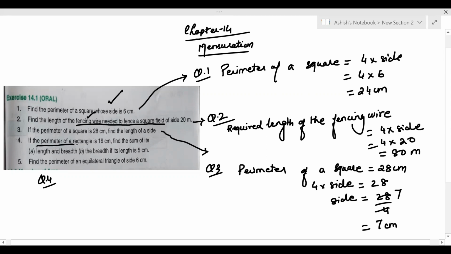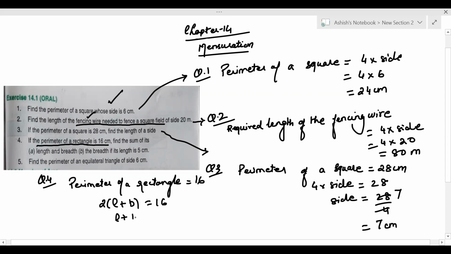Question number 4. Here it is given that the perimeter of a rectangle is 16 centimeter. We know that the formula for perimeter of a rectangle is 2 times length plus breadth. The 2 multiplying will go across and become divided by 2, and 2 eights are 16. So the sum of length and breadth is 8 centimeter.